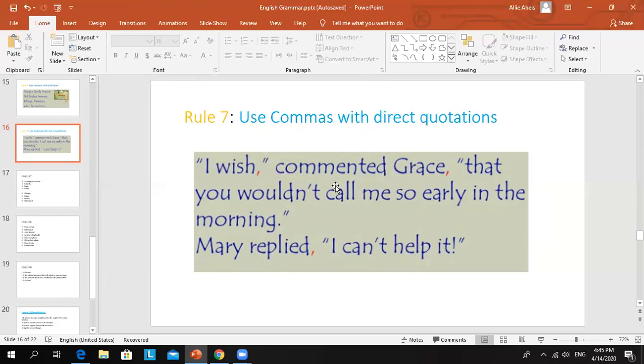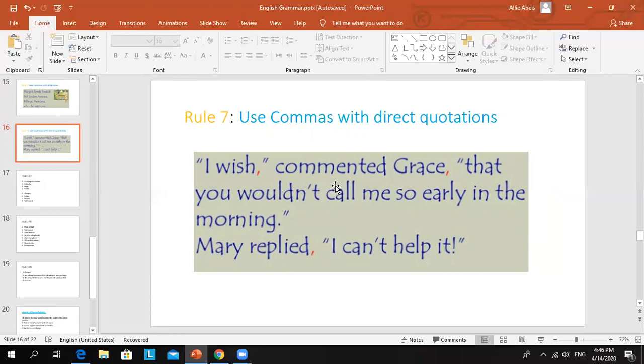So if, for example, I want to quote my principal at school, I would say, "I wish the coronavirus would stop in Riyadh very, very soon," said Mr. Sultan. So what did I do now?